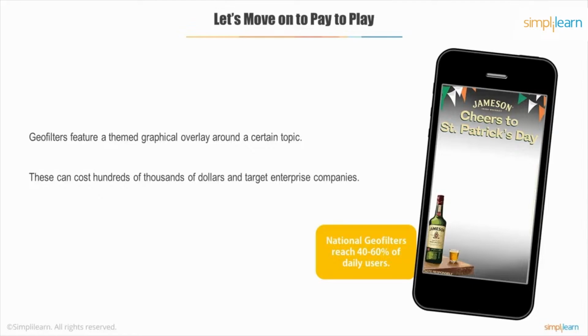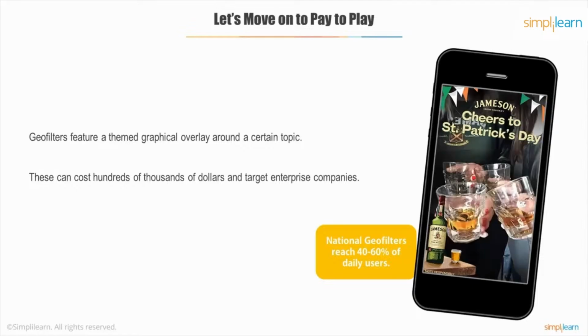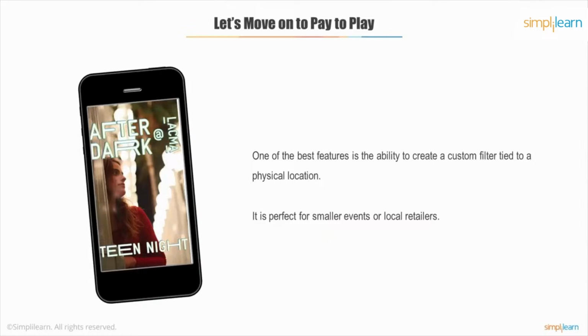And there's a great example of one here from Jameson that they set up to run on St. Patrick's Day. So you can see the overlay, and then you can see the overlay on top of an image that someone took and added that geofilter overlay to. So again, to get an idea, you're basically putting your branded imaging on top of any picture that they might take and send as a snap or add into their story.